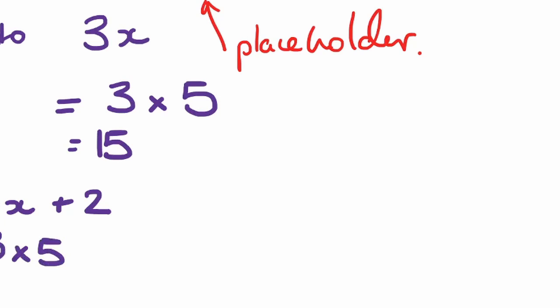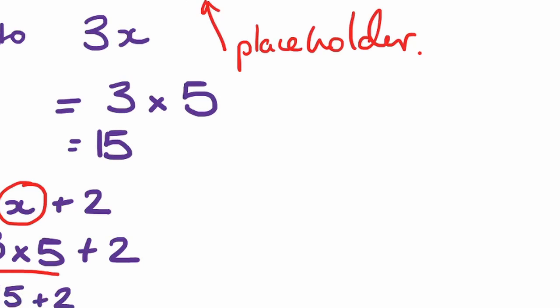So what's happened is I've got the x position here, I've got the value 5, well 5 is going to go where the x is, and then it is 3 times 5, because remember that 3x is actually 3 times x, and then you add 2 more, which means our answer will be 15 plus 2. Remember your order of operations. I just taught my year 7s BOMDAS, BIDMAS, BIMDAS. I think there's a few more we could probably do. And then your answer will be 17. So that is if x was equal to 5.